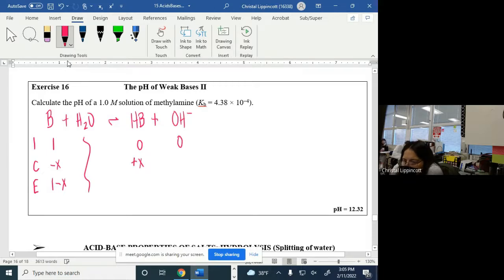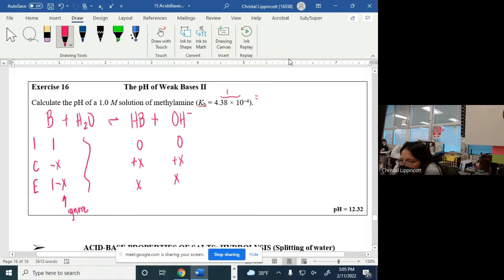All right, so this is +X, this is +X, and this will be X and X. Now, is this 2 orders of magnitude different than this? Yes. So we can ignore this. Or if you want to do 1 divided by this guy, it's going to end up being a number greater than 100. However you want to think about it.